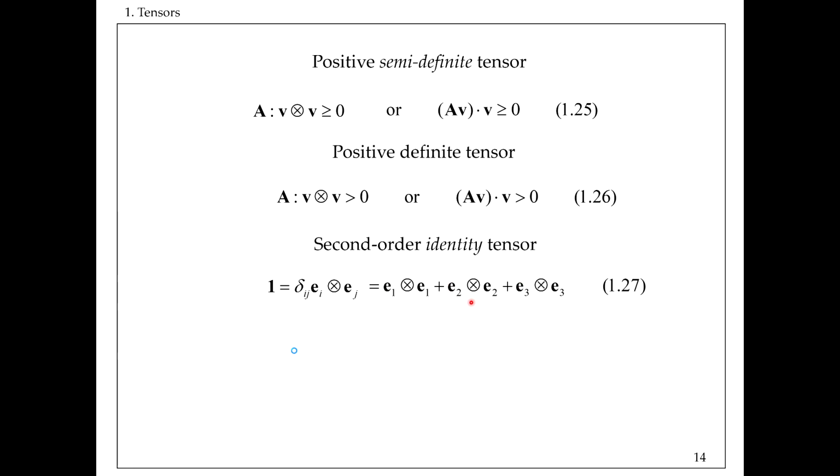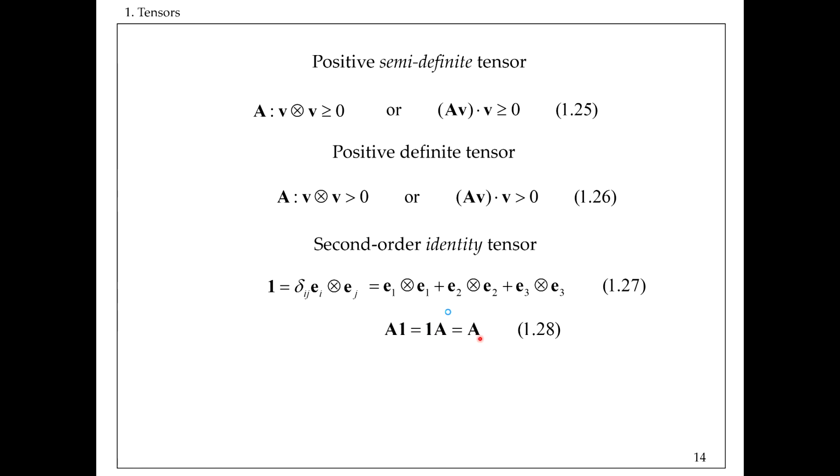So this second order identity tensor has an interesting property, which you can easily see: if you multiply it from the right or from the left with any arbitrarily chosen second order tensor, the result will be the same. We will just return the same tensor A, right? So we can multiply the tensor A with the identity tensor from the right, or we can multiply it with the identity tensor from the left.